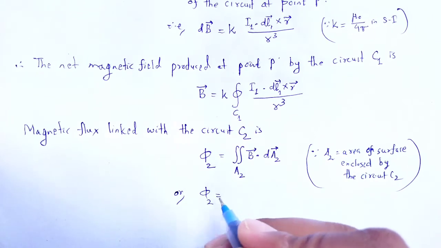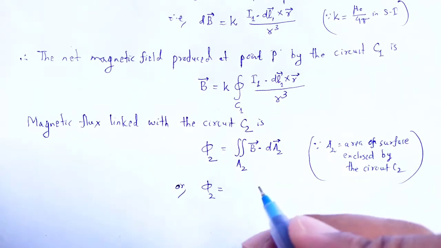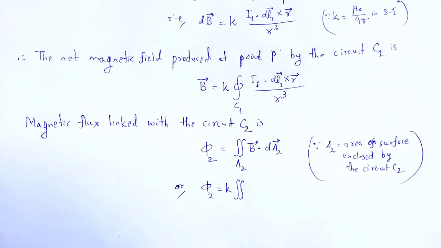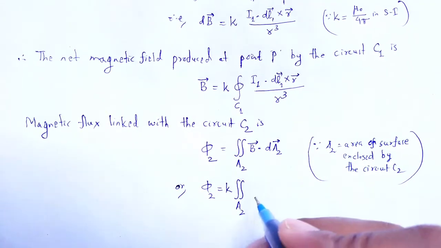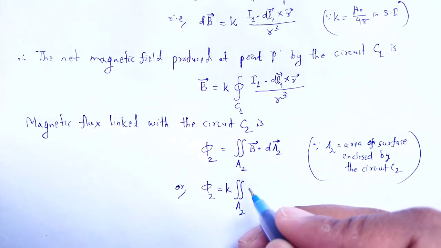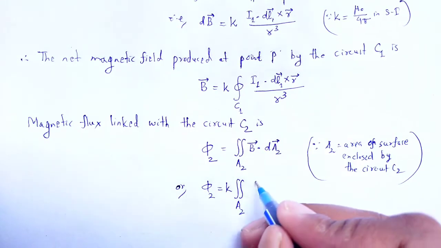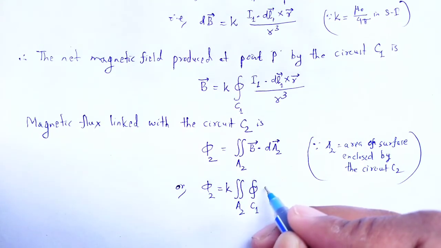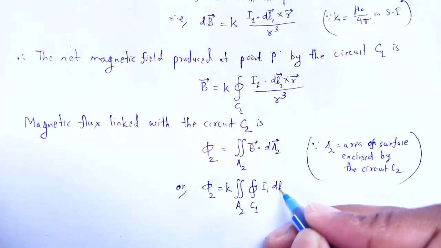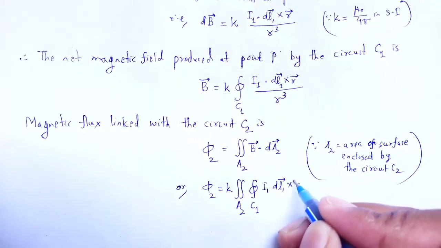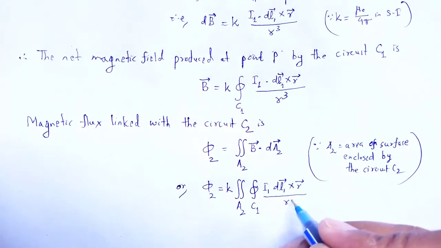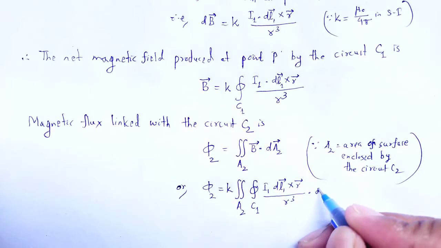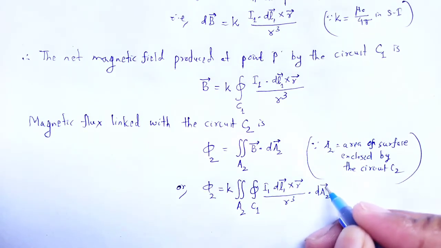Phi 2 is equal to K surface integral, the value of B as closed curve integral over C1 of I1 dL1 cross r vector divided by R cubed, dot dA2 vector.